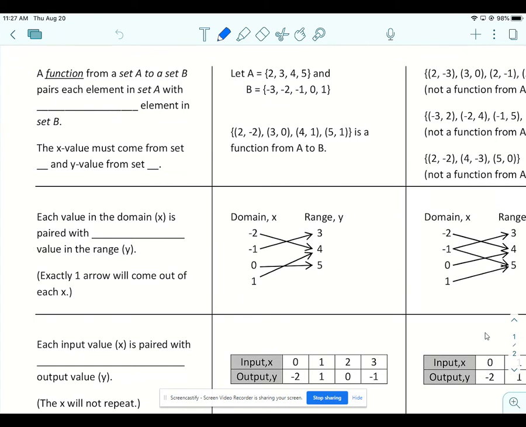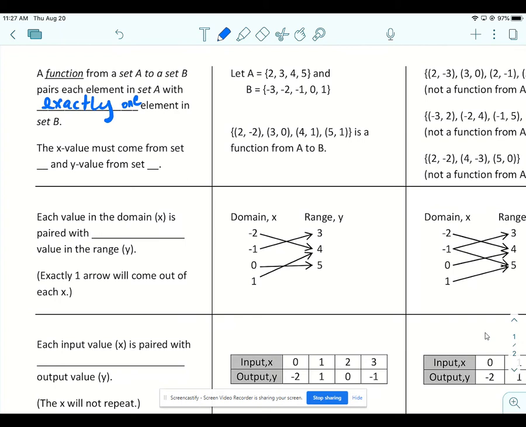So a function, when we're talking about a set, a function from set A to set B pairs each element in set A with exactly one element in set B. Now, I don't think you guys are super used to sets.